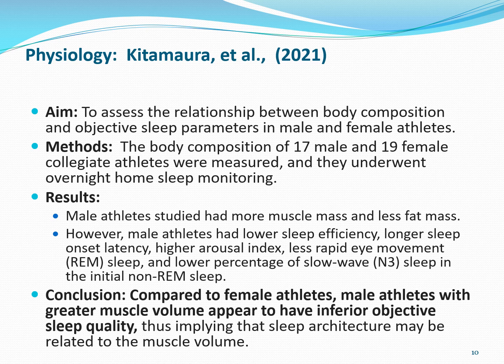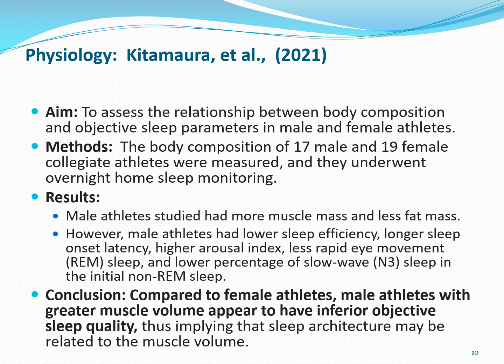The body composition group was 17 male, 19 female. The results: the male athletes studied had more muscle mass and less fat, not surprisingly. However, the male athletes had lower sleep efficiency, longer sleep onset latency, higher arousal index, and other similar measures.